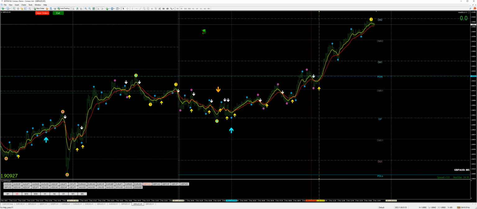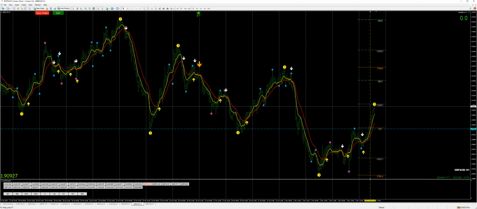This is a 15 pip stop loss, so it's a 40 lot trade. And I'm up 67 pips. So 67 plus 50, 120, 130, let's say. 120 times 40 is 4,800 times 6. So about $28,000.